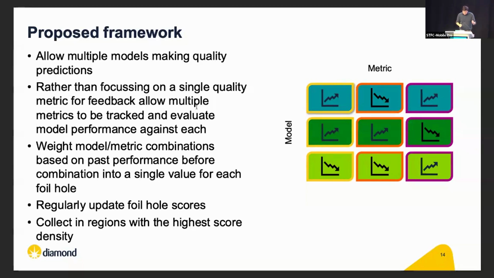You then assess using a Bayesian updating framework how each model is performing versus each metric, compose a weight matrix over that whole thing, and then roll that all down into a single score that you're giving to each foil hole, basically. And then go and collect in regions with the highest score density. You don't want to be pinging about all over the place.